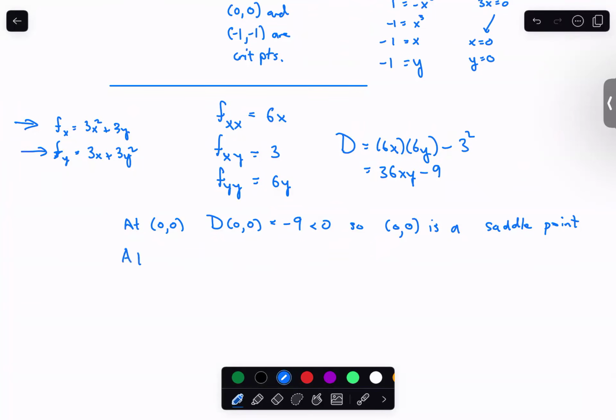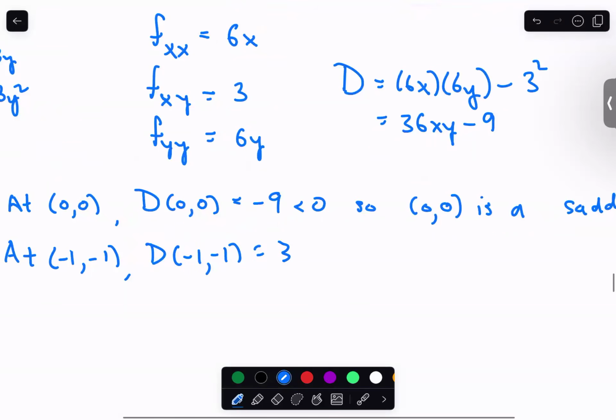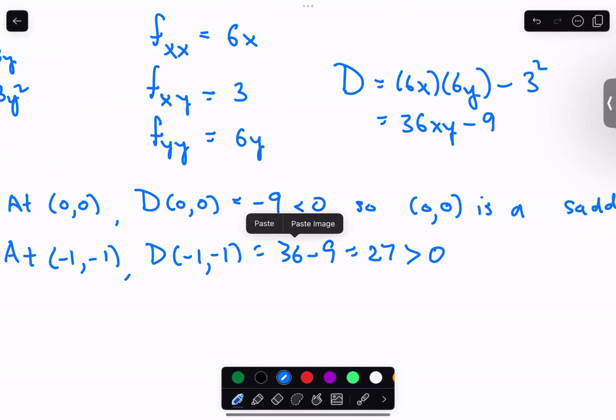The other one is at -1, -1. d of -1, -1 is going to be equal to 36 minus 9, so 27, and that's greater than 0. Remember, when this determinant is greater than 0, we're in calculus 1 world.